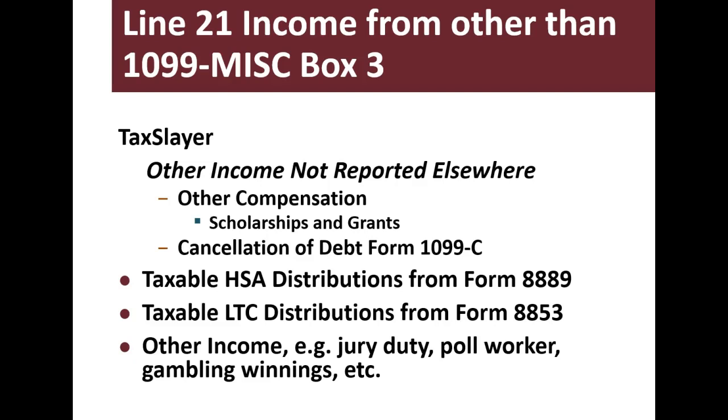We're not going to go into those details in this session. That's something, again, you can confer with your site coordinator. What you may see more typically, you might see jury duty pay, or compensation, I should say. Poll workers get paid.